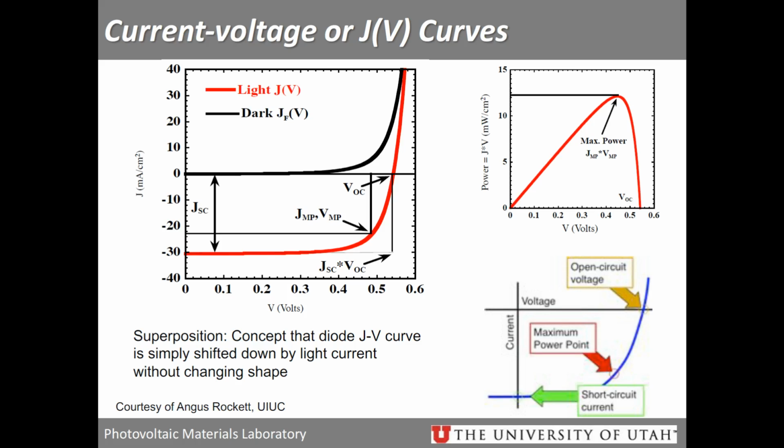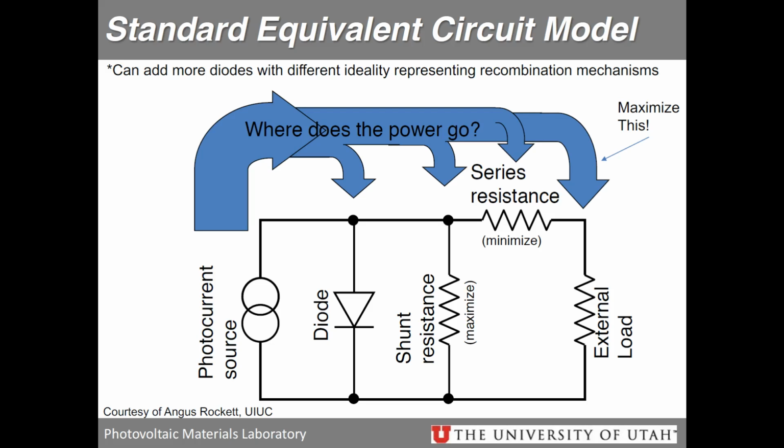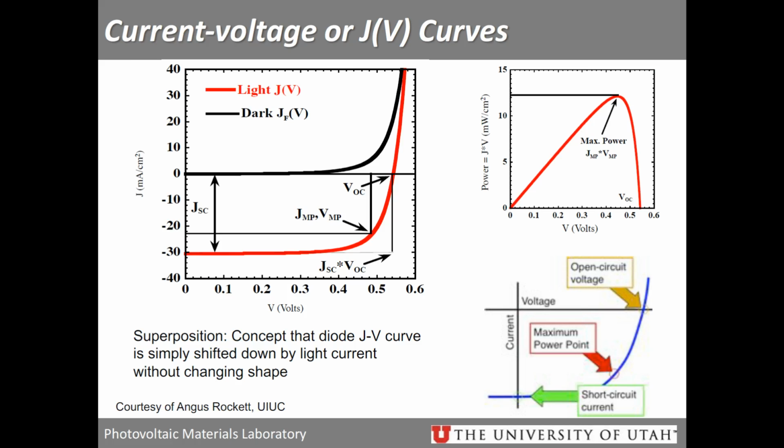Let's say we just apply a simple voltage across this diode. After a certain amount of voltage is applied across the diode, some current flows across your circuit.